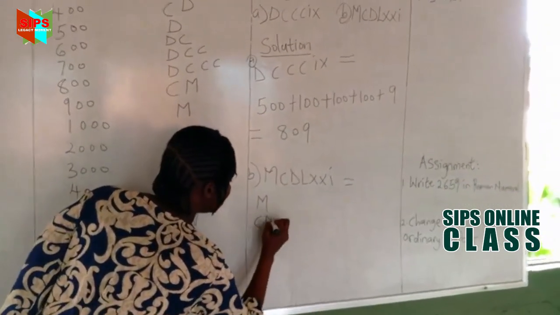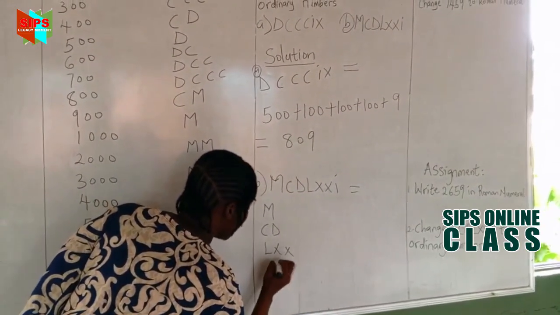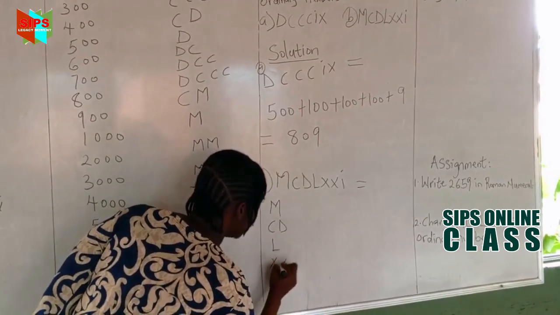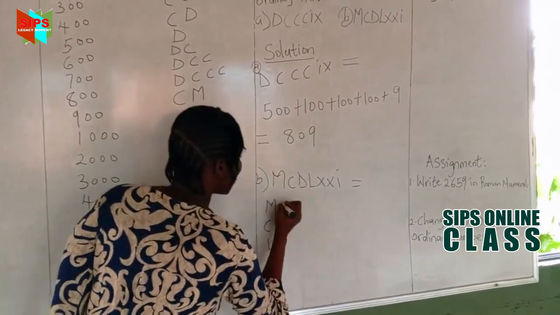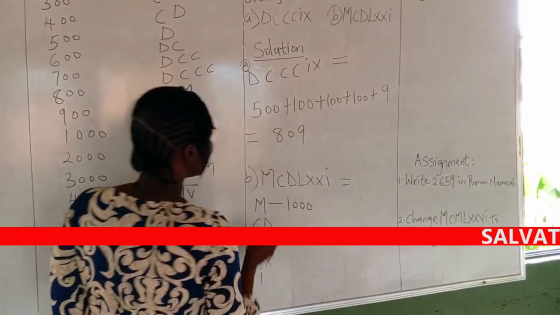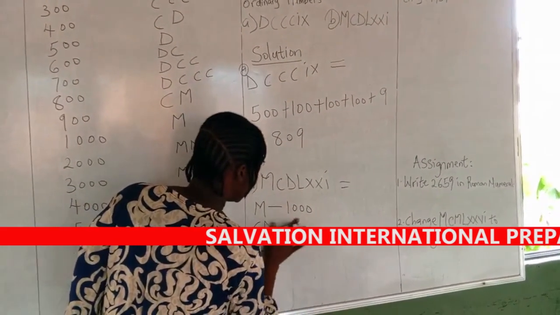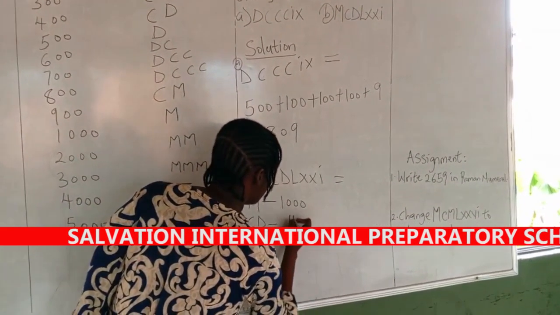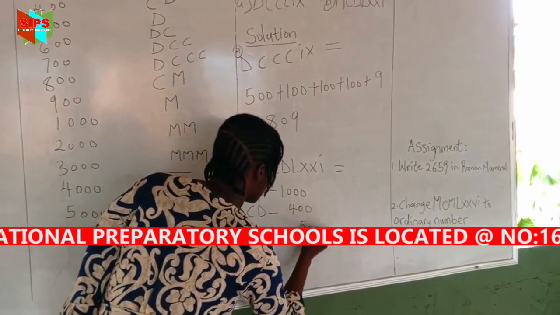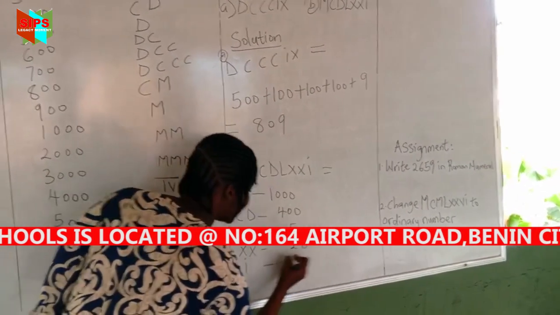You have your M, your CD, your L, then your XX, and I. M for 1000, your CD for 400, your L as 50, your XX as 20, then your I as 1.